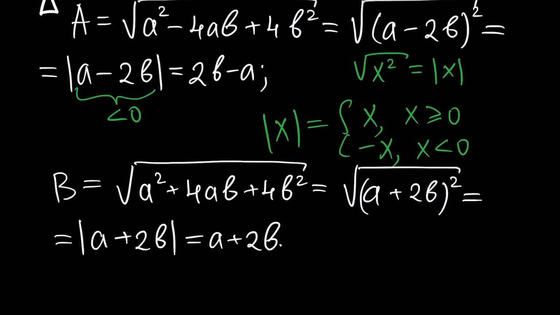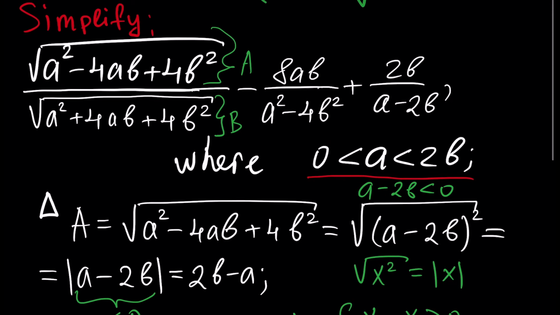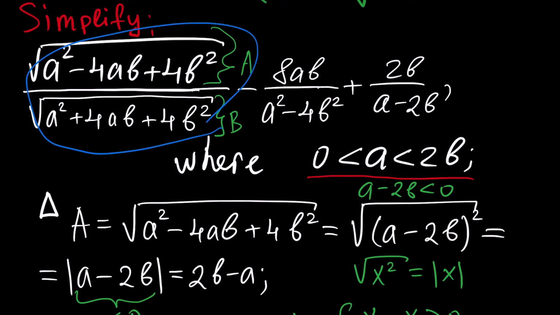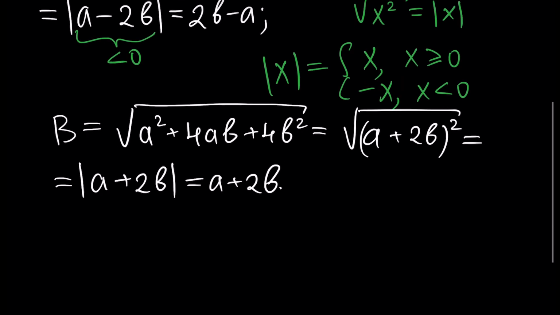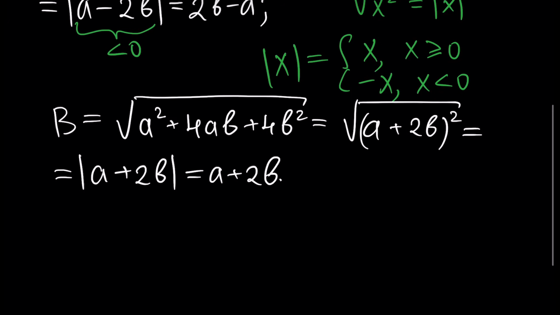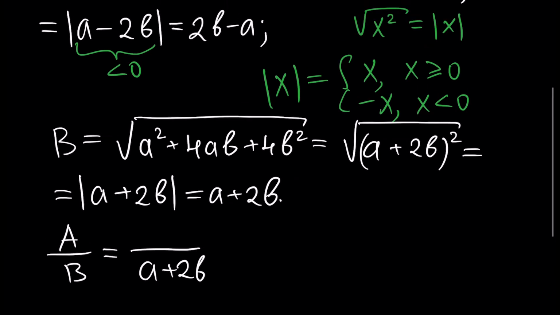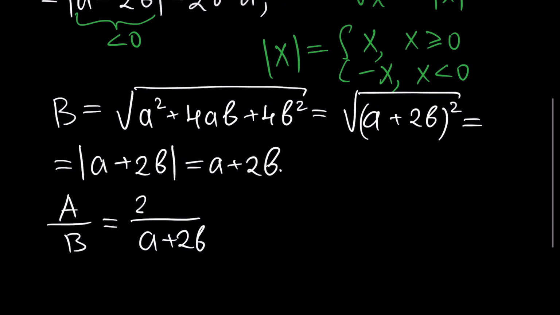So our expression A over B is equal to 2b minus a divided by 2b plus a.